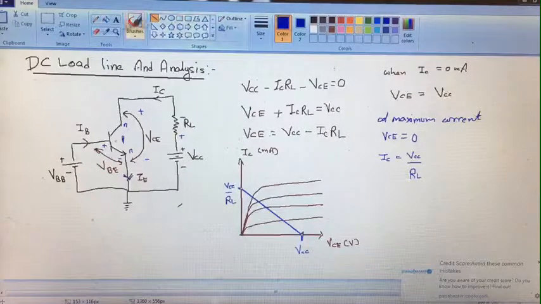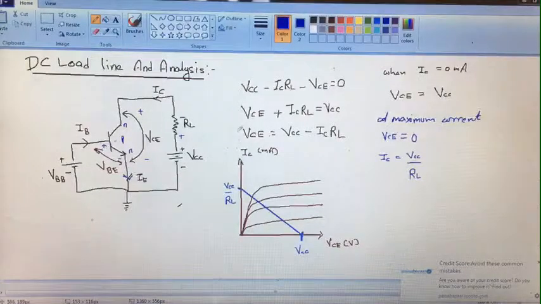This graph is representing the DC load line and its analysis. Now when VCE is 0, VCC minus ICRL will be 0 and IC will be equal to VCC upon RL.